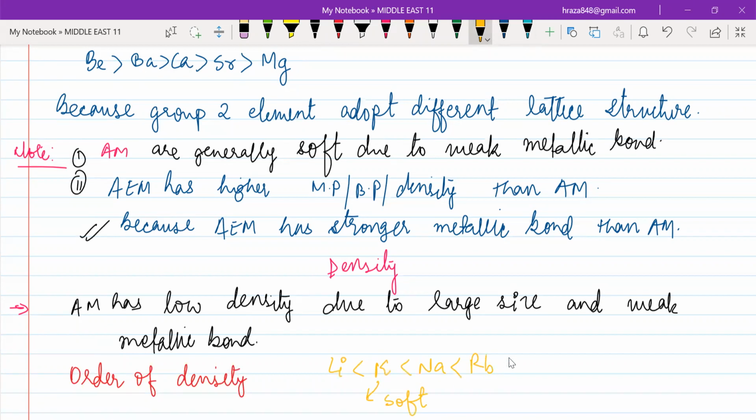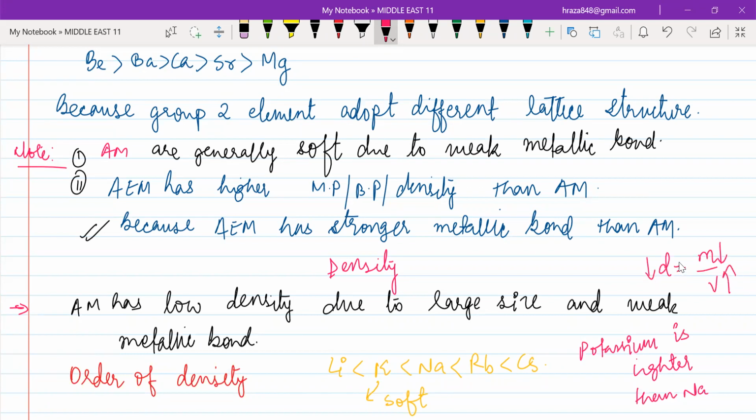Then rubidium, then cesium. Or we can write basically potassium is lighter than sodium. And you know that density has a formula, mass upon volume. If mass decreases, density also decreases, and the volume of potassium is greater than sodium, so density decreases. That's it.